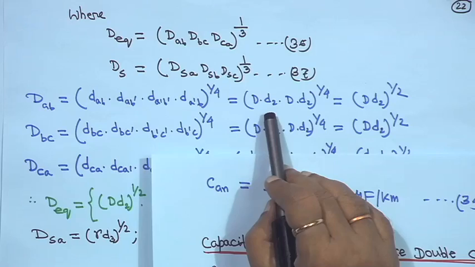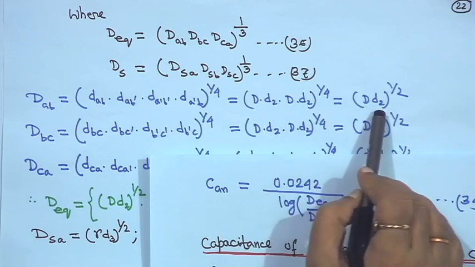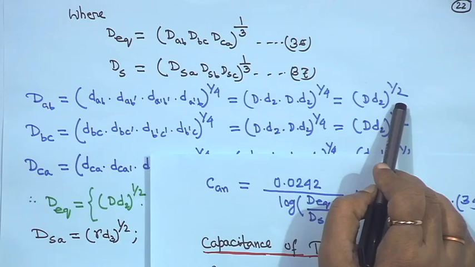So, basically from the symmetry it is D into DD2 into D into DD2, which is equal to D times D2, to the power half.